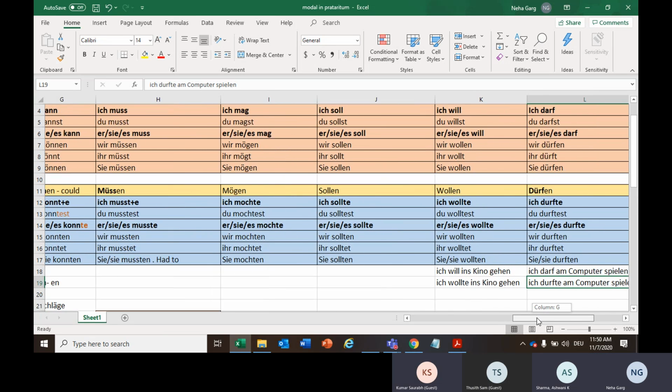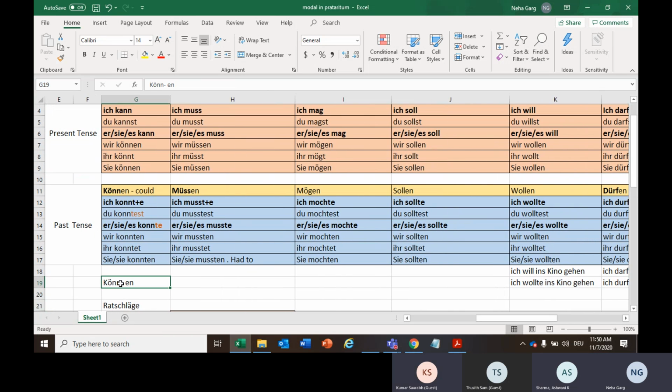Now, talking about sentences, I'll write some more sentences here. Ich kann das Auto fahren.